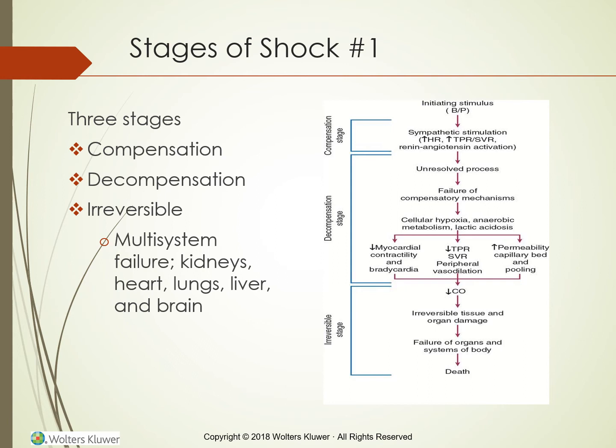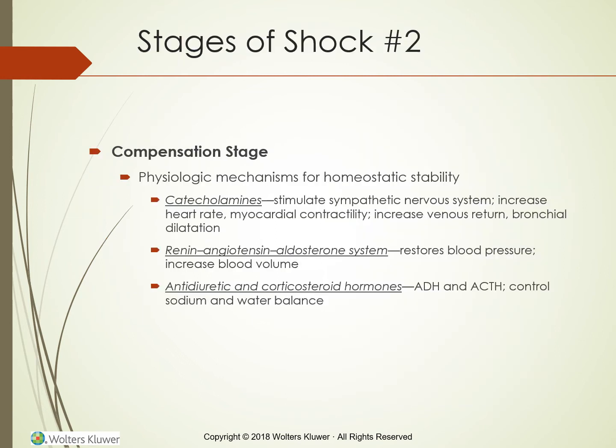Compensatory mechanisms include the release of catecholamines, activation of the renin-angiotensin-aldosterone system, and production of antidiuretic and corticosteroid hormones. Continuing with the compensation stage, catecholamines are neurotransmitters that stimulate responses via the sympathetic nervous system.